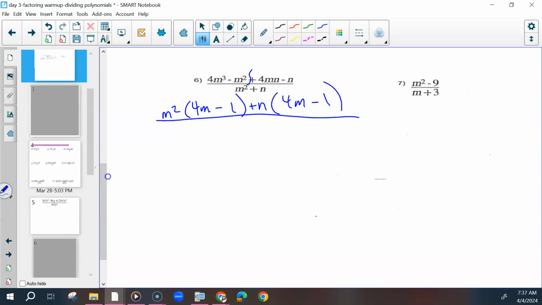Remember to put all of that over m squared plus n. And then rewrite this as your 2 factors: m squared plus n and 4m minus 1.